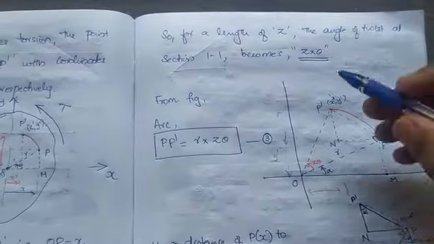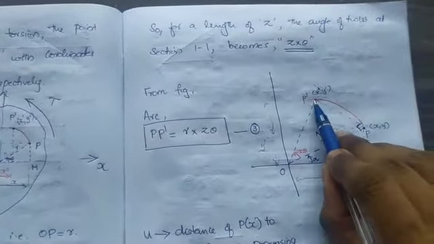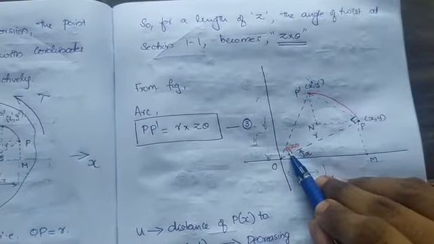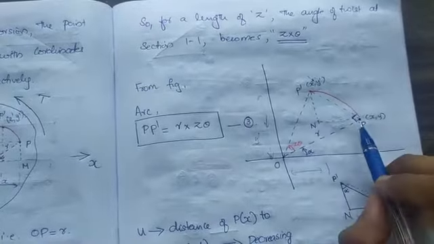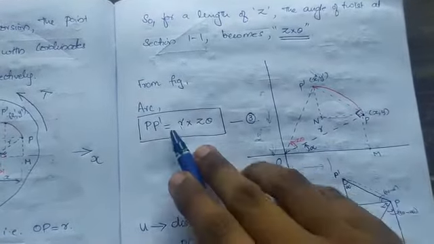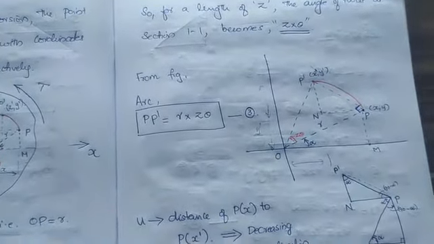Now the arc length will be radius into included angle. So PP dash is equal to r into this angle, which is z theta. That is equation number 3.